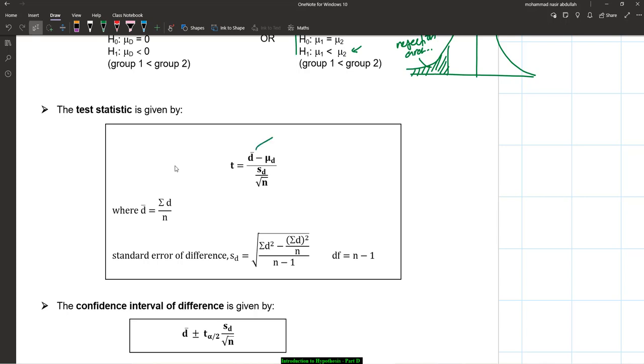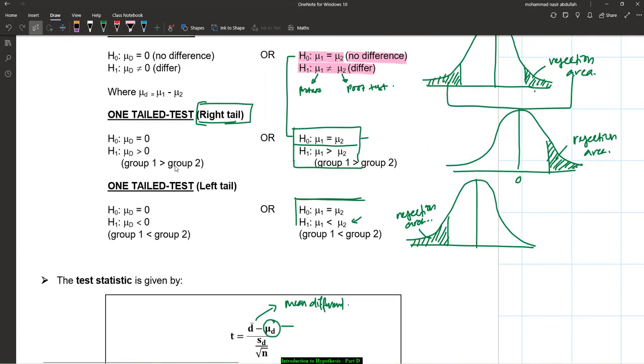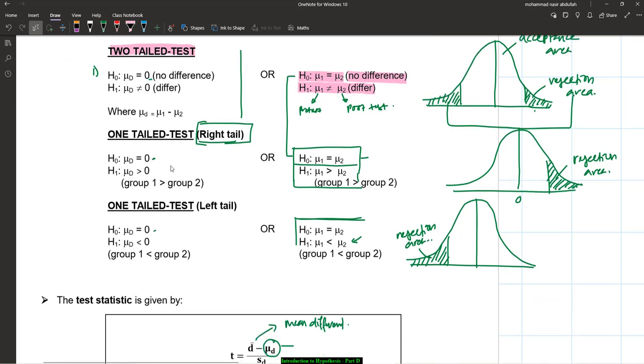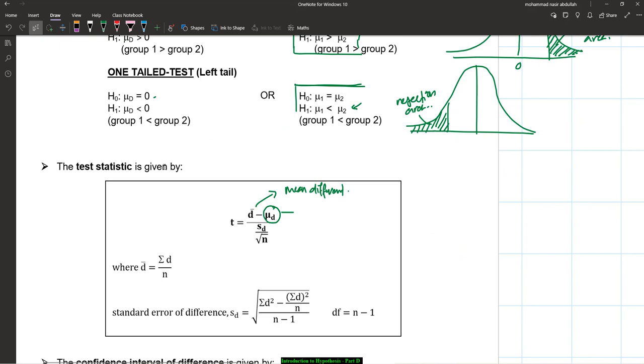So d bar is the sample mean difference. mu d is the population mean difference, which is always equal to 0, because if you are comparing two-sided, they should be equal to 0. If you look at the first hypothesis statement here on the left hand side, it is always equal to 0, right? Always equal to 0. So that's why mu d should always equal 0, right?